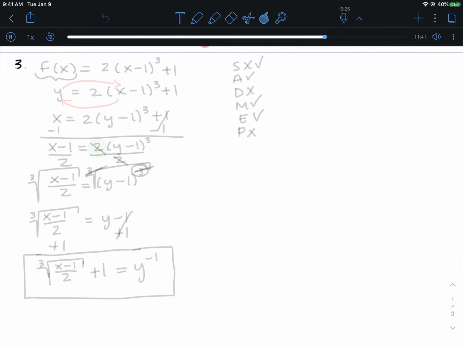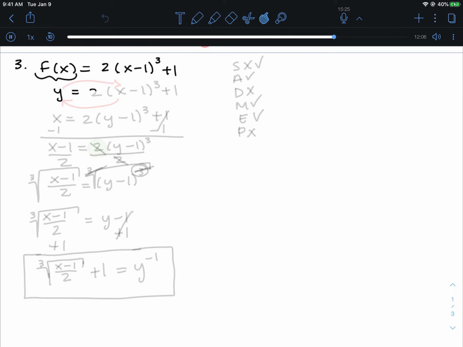Okay, so for example number 3, you are going to have f of x equals 2 parentheses x minus 1 cubed plus 1. Okay, so first things first is that we have to switch this to a y.